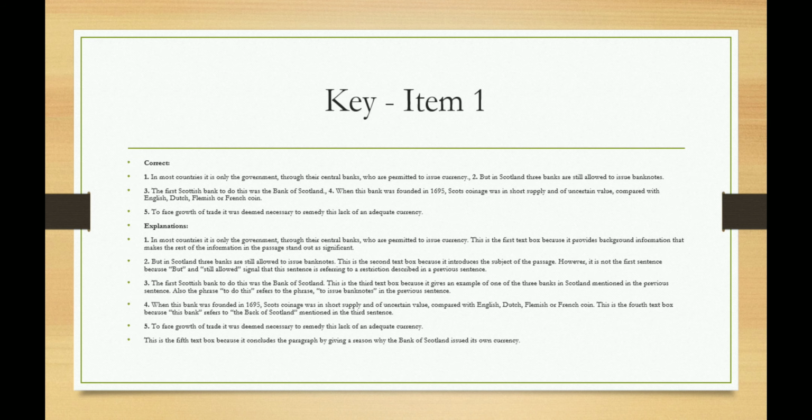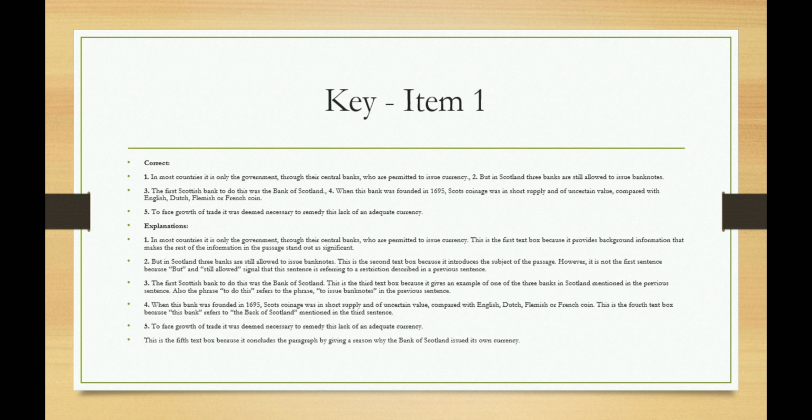The correct is, in most countries it is only the government through their central banks who are permitted to issue currency. Okay, the topic is currency which was issued by the bank.